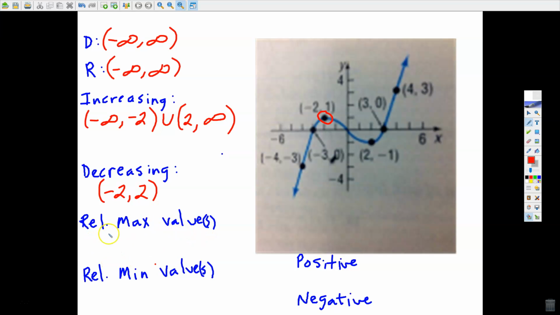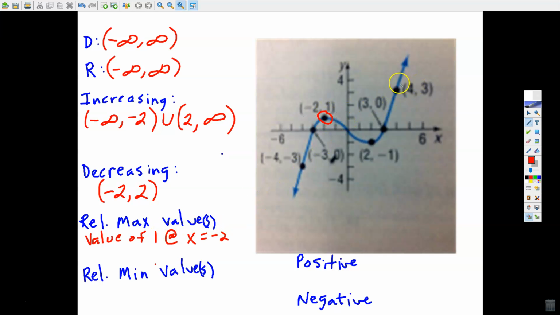So I'm going to state it like this. I have a relative maximum value of 1 that occurs at, and the at is where the x coordinate is, at x equals -2. The value is the y, and where it actually occurs will be the x. And that's the only relative maximum I have.